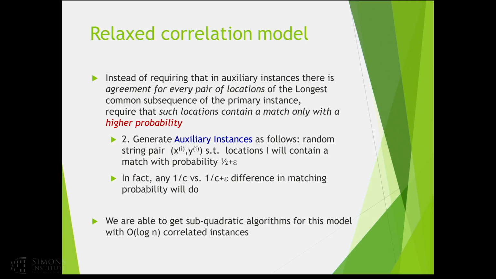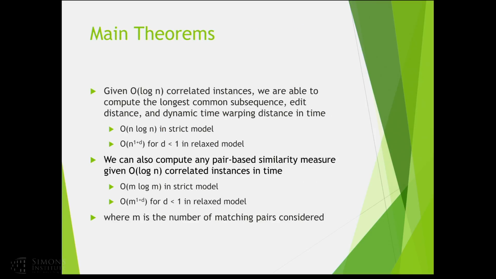So here we can replace 1/2 plus epsilon with anything that's better than the probability that you have two random characters matching. And we can also get subquadratic algorithms here with log n correlated instances. So our results are, with a logarithmic number of correlated instances, we can compute this in n log n when we have this exact model, and still in subquadratic time with the relaxed model.